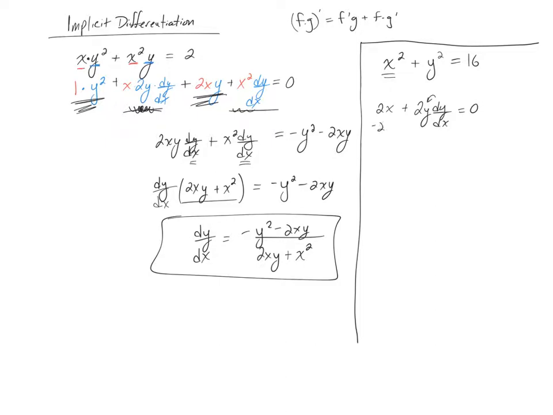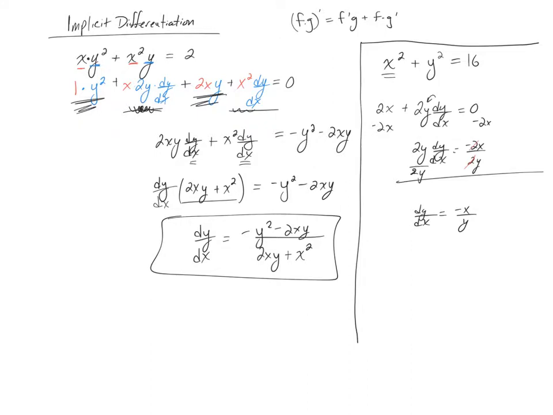So we will subtract 2x from both sides, and we get 2y dy dx equals negative 2x. And now we can just divide both sides by 2y. And the result is dy dx is the opposite of x over y, because of course these 2's are going to cancel out. So that's a pretty straightforward example.